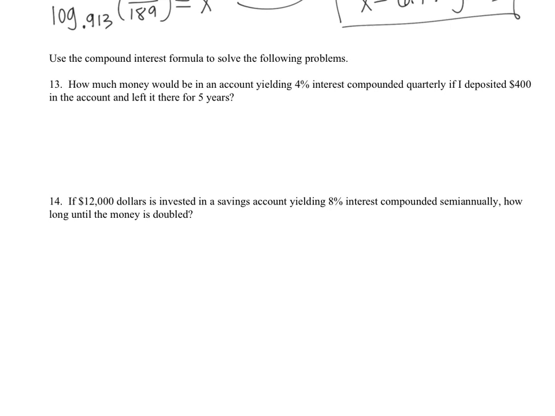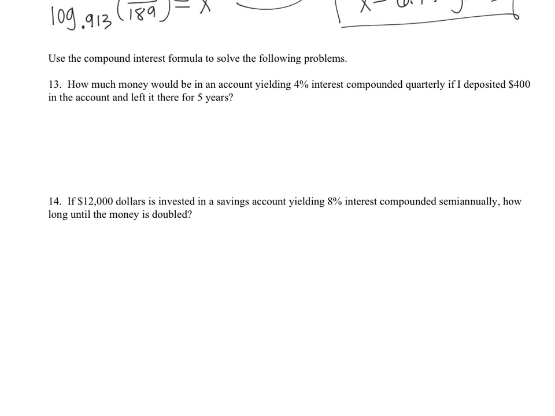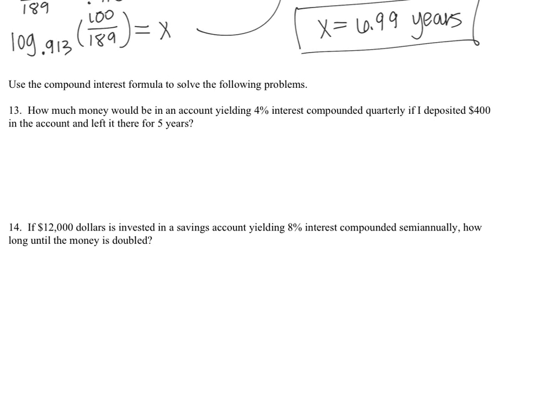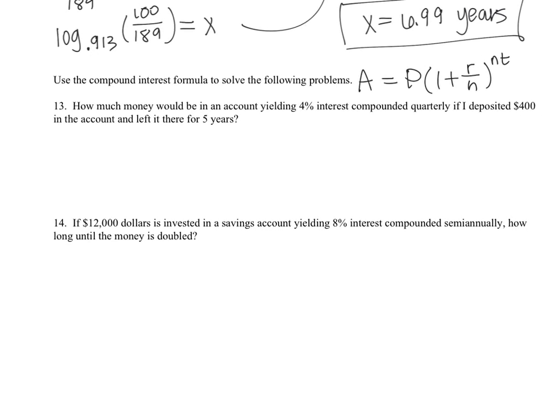So in 13 and 14, we're going to use our compound interest formula. So remember from the notes, the compound interest formula is A equals P, and then in parentheses, 1 plus r over n, and our exponent nt. So in 13, we want to know how much money would be in an account yielding 4% interest compounded quarterly if I deposited $400 in the account and left it there for 5 years.